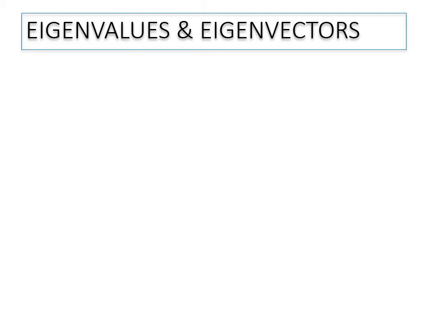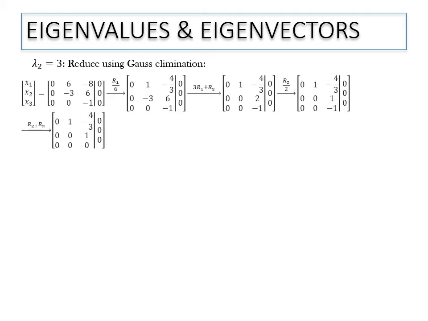Now we continue with the next one, lambda 2 equals 3. Again, we reduce using Gauss elimination, and again we get many solutions, 0, 0, 0.